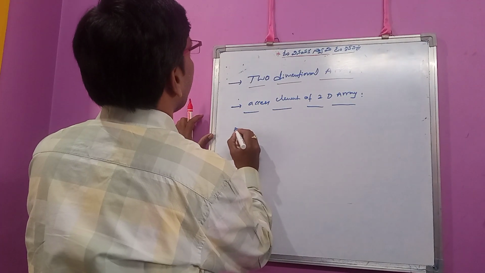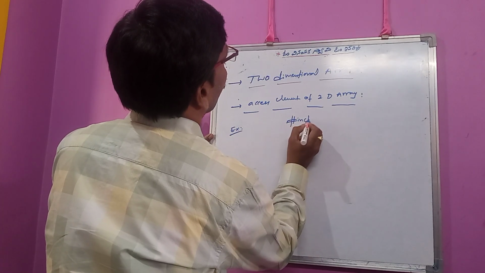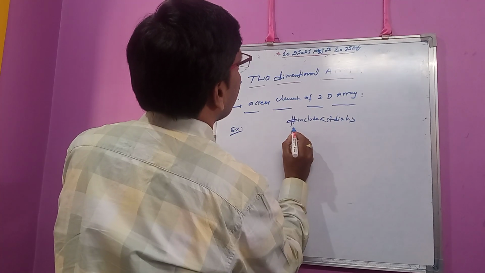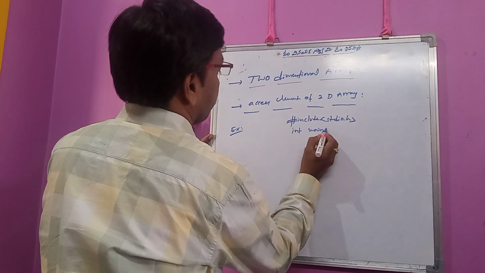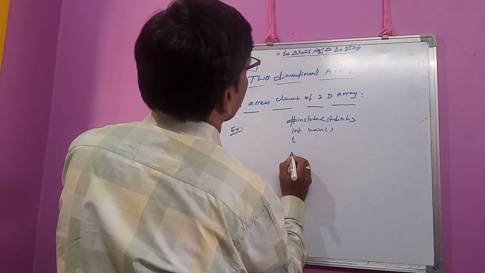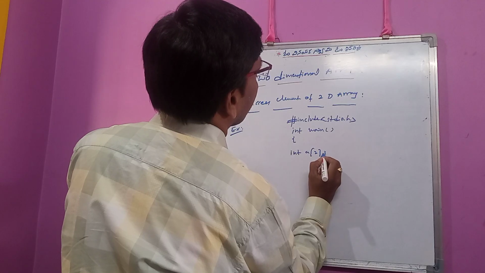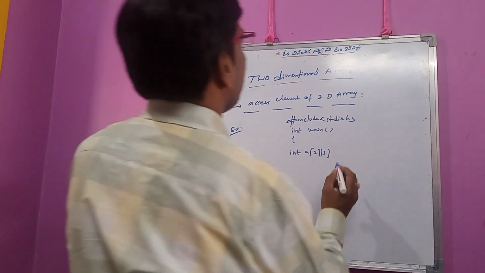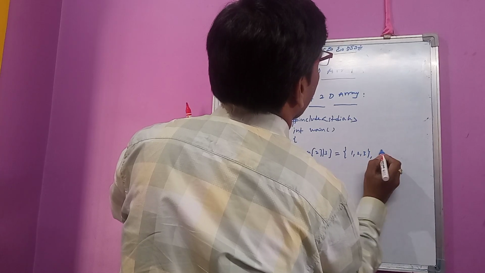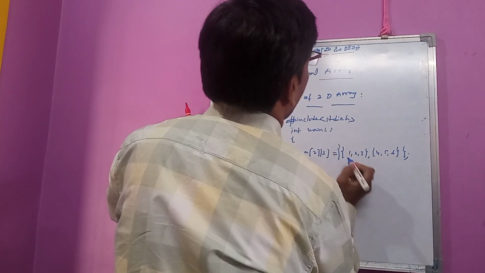Here is an example program: hash include stdio.h, int main, open brace, int a of 2 by 3 equal 1, 2, 3, 4, 5, 6, close the flower bracket.